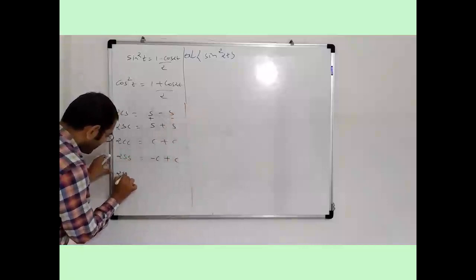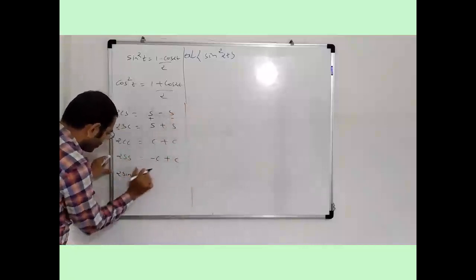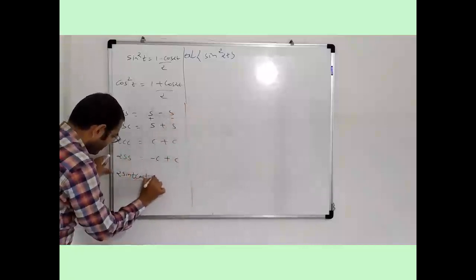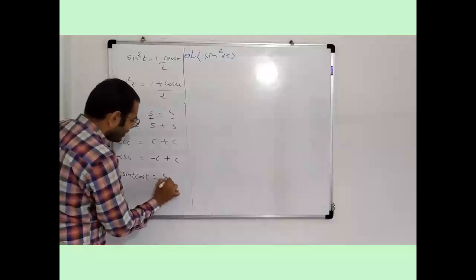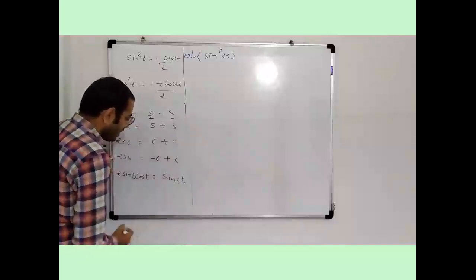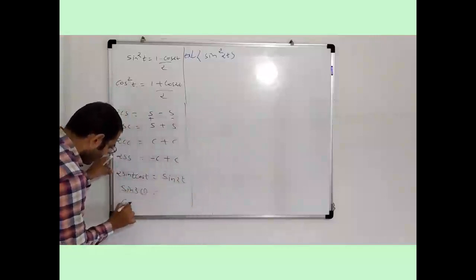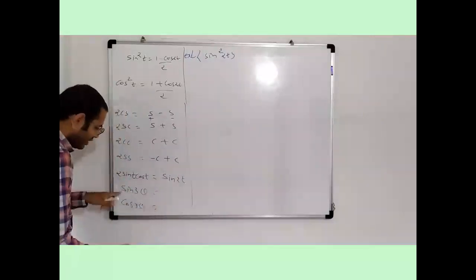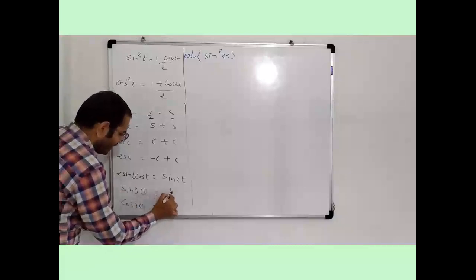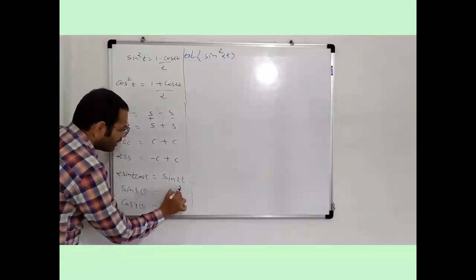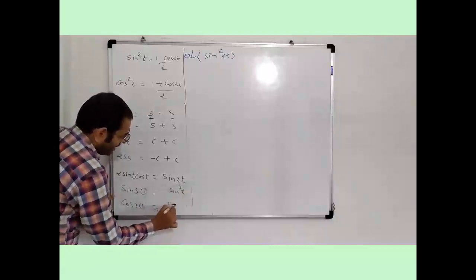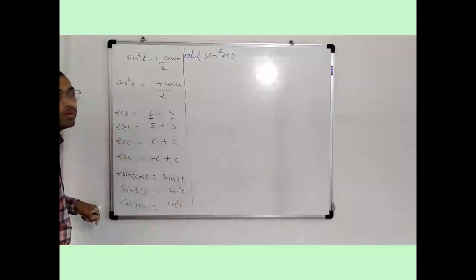Another formula is 2 sin t into cos t; when both angles are the same, we can write sin 2t. Similarly, we have the formulas for sin 3 theta and cos 3 theta. These formulas are used to find the Laplace of sin cube t and cos cube t.